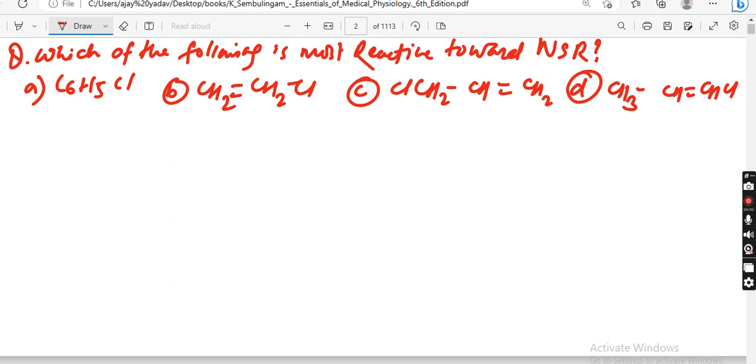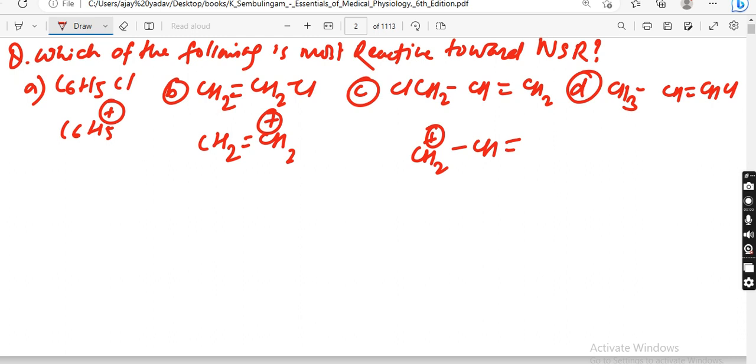We have already seen that we have to check the stability of the carbocation. This is less stable. This is a phenyl carbocation, which is also very much less stable. This one is an allyl carbocation, and this is the stable carbocation because there is a positive charge, then a single bond, then an alternate double bond.